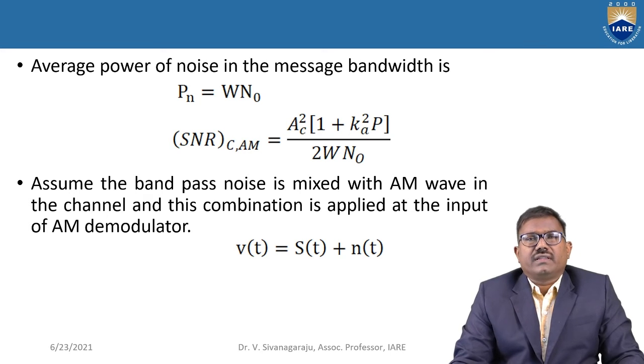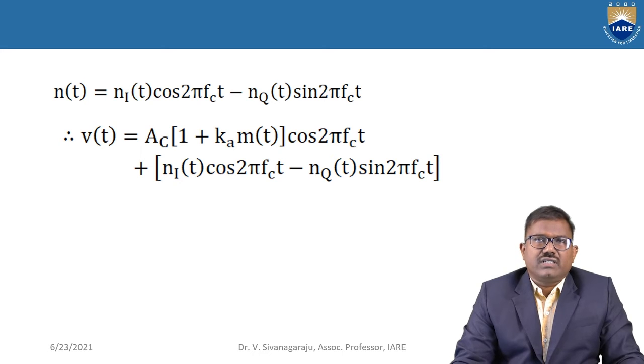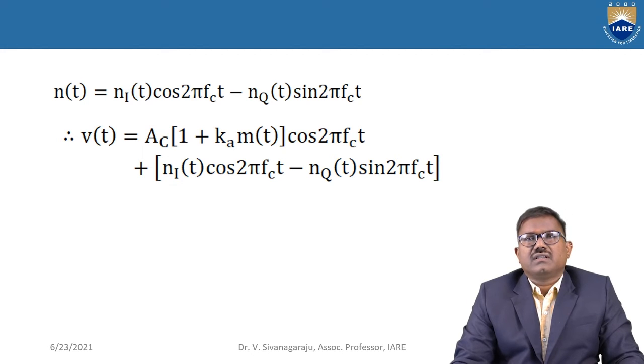So N of t, narrowband noise, you can represent in terms of in-phase and quadrature terms. So N of t is equal to N I of t into cos 2 pi fct minus N q of t sin 2 pi fct. So there is a narrowband noise in terms of both in-phase and quadrature.